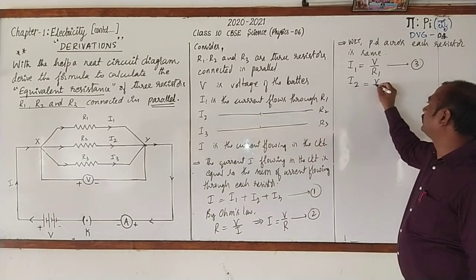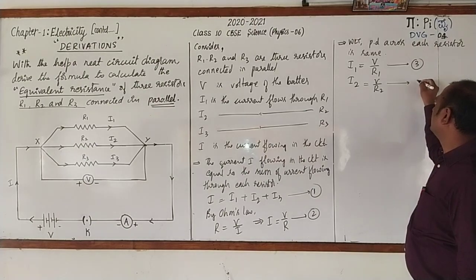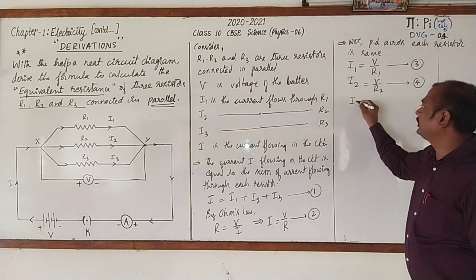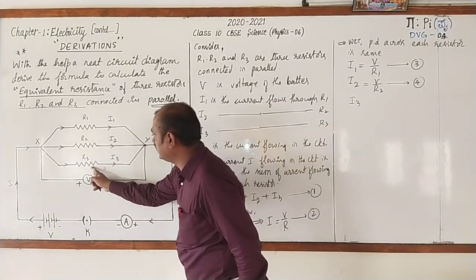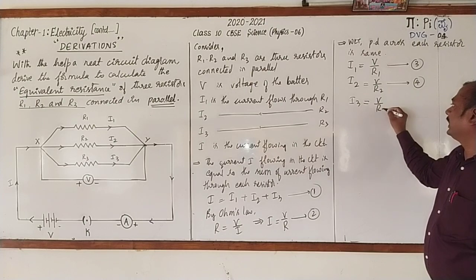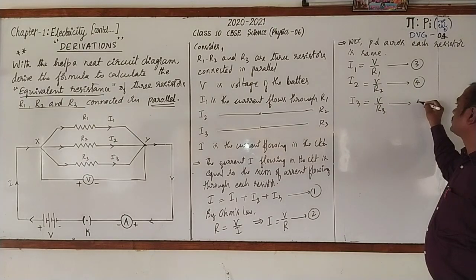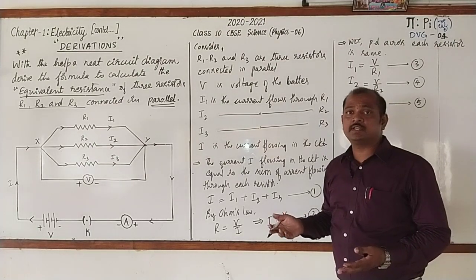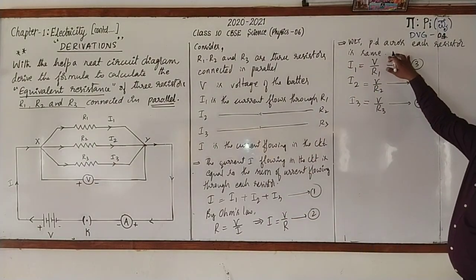I2 is equal to V by R2. Call it as 4. Current flowing through the third resistor is I3 is equal to V by R3. So we have written just V only because voltage across each resistor is same. That has been written here.